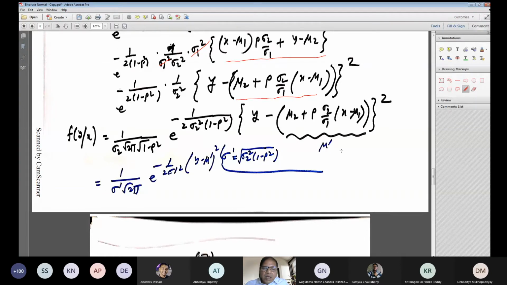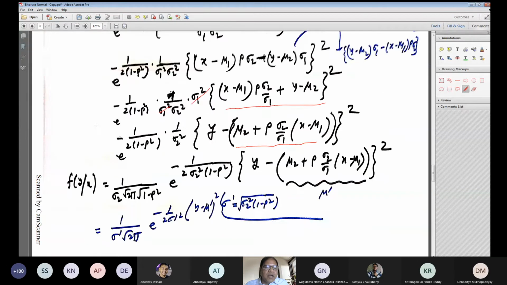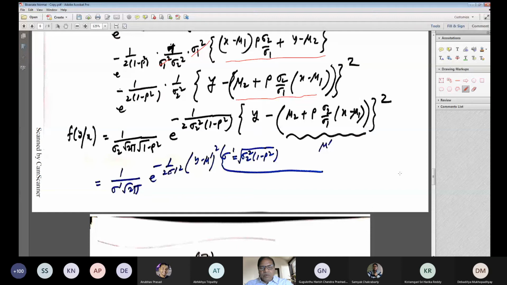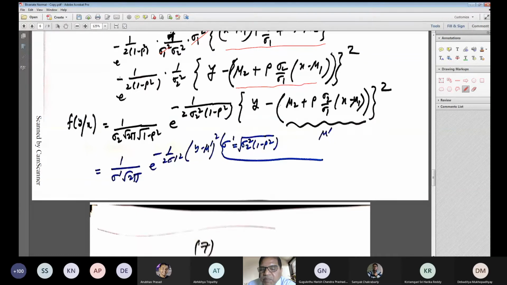As you can see, the constant term we have carried throughout from the very beginning. So this is 1 by sigma 2 root 2 pi under root 1 minus rho square, and this term. Now I make a little simplification: this particular term I represent by mu dash, and the square root of this particular term I say sigma dash square.